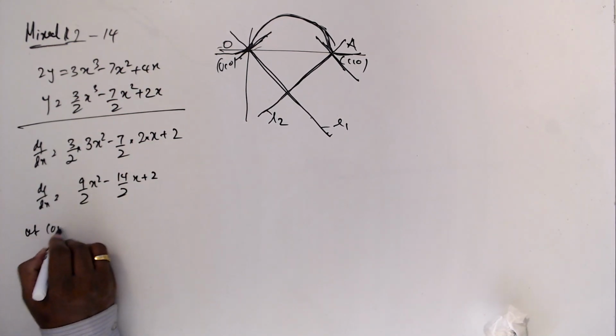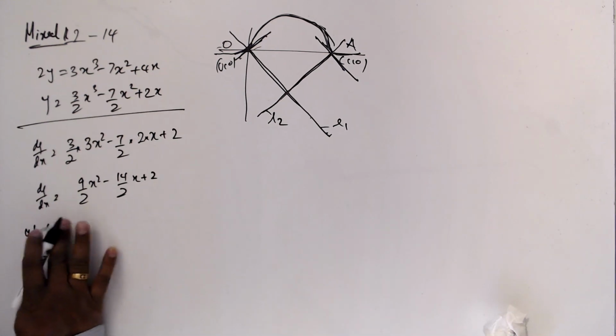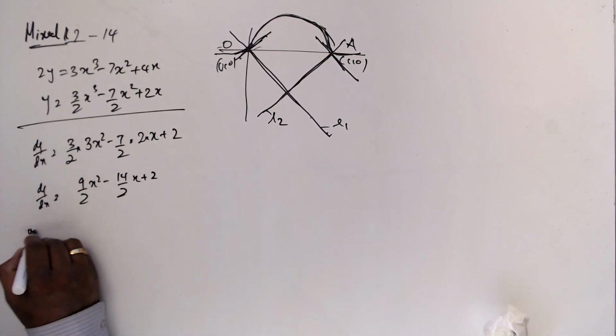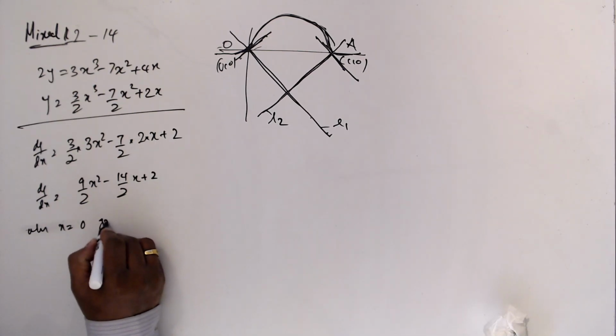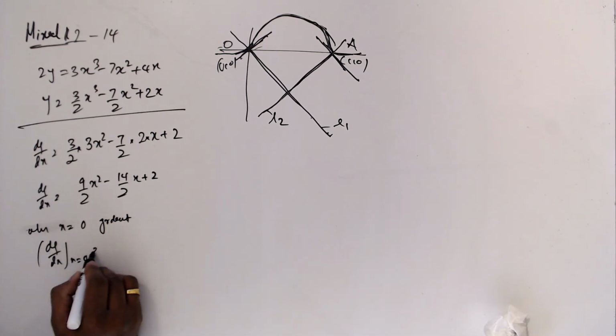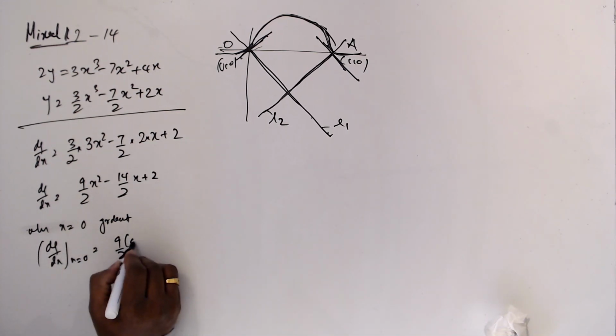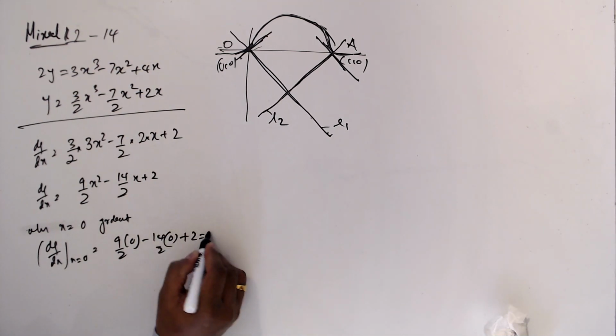At 0, 0, or when x equals 0, the gradient. So dy by dx at x equals 0: 9 over 2 times 0, minus 14 over 2 times 0, plus 2 equal to 2.